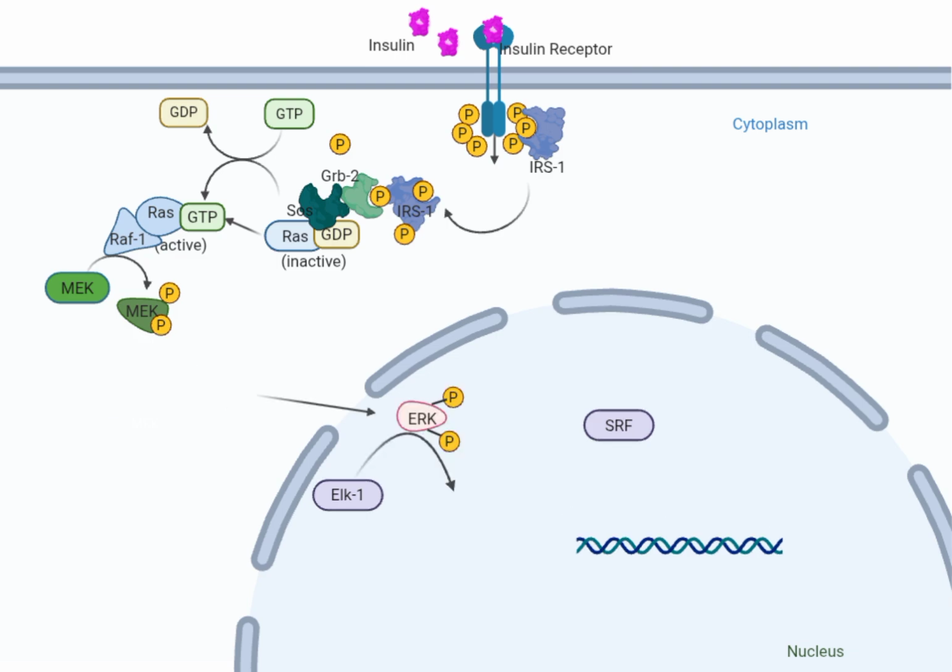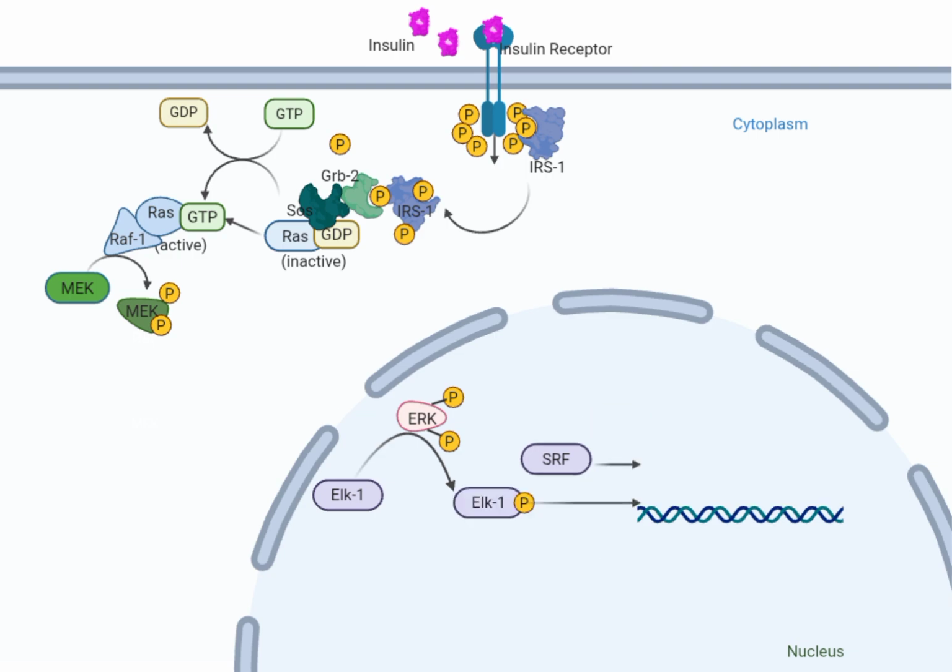In the nucleus it activates the ELK1 protein. ELK1 protein gets phosphorylated. Now ELK1 with the SRF protein dimerizes and binds with the DNA molecule, and they function as a transcription factor. These transcription factors now start transcription.